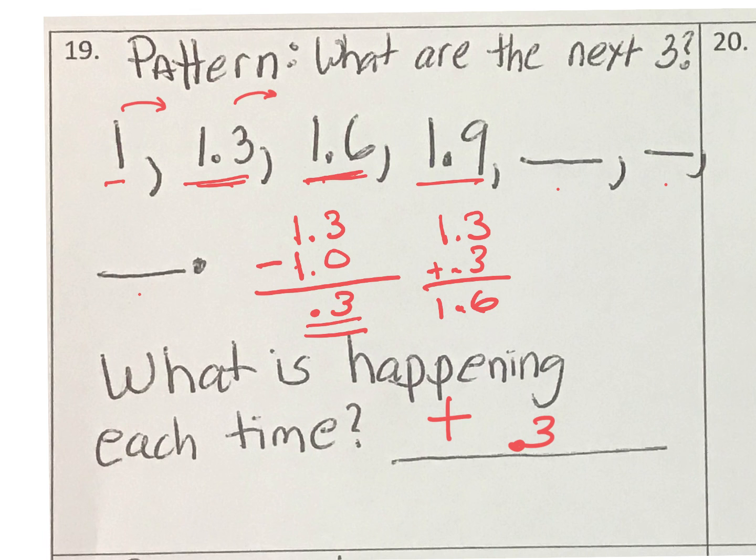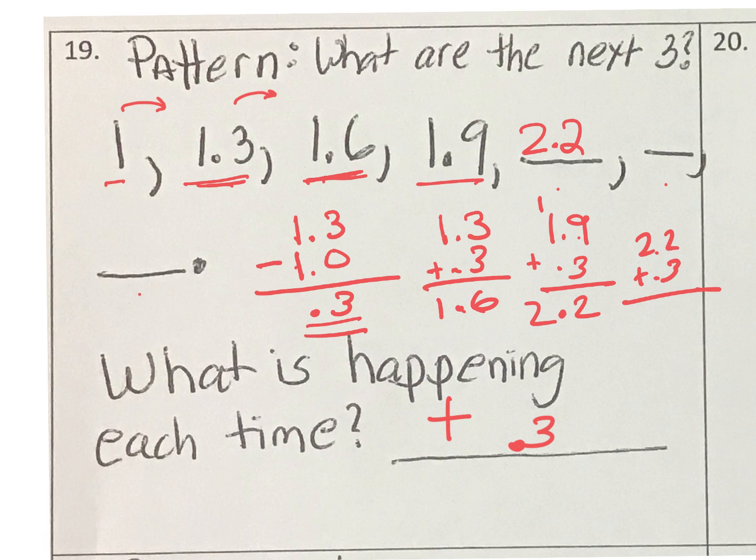Yep. Okay, so now I take 1.9 plus 0.3, drop my decimal. 9 plus 3 is 12. Put the 2 there. 1 plus 1 is 2. So it's 2.2. I do 2.2 plus 0.3, lining up my decimals. 2 plus 3 is 5.